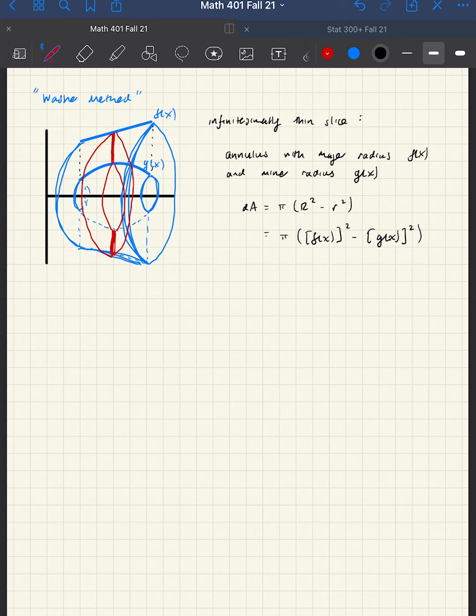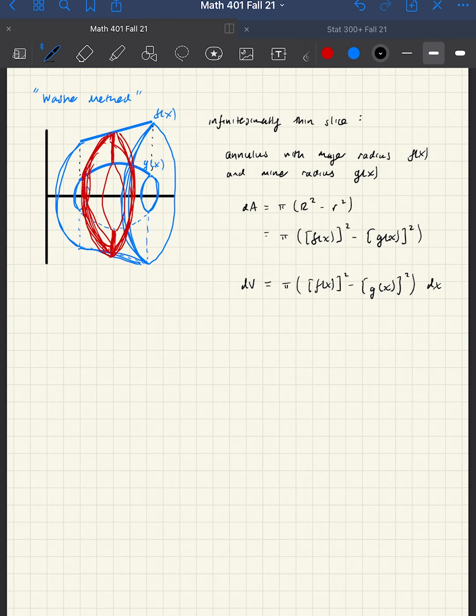And of course, because the annulus is like a nice little pineapple slice, we give it a little bit of thickness. Then dV becomes that whole thing times dx, because the thickness of that infinitesimally thin slice is dx.